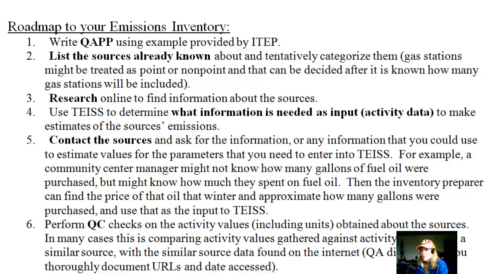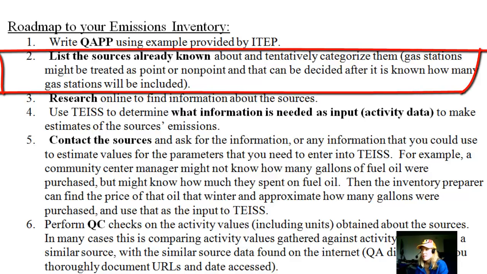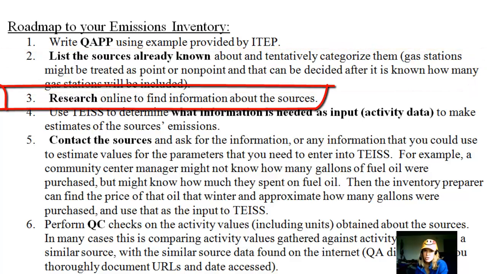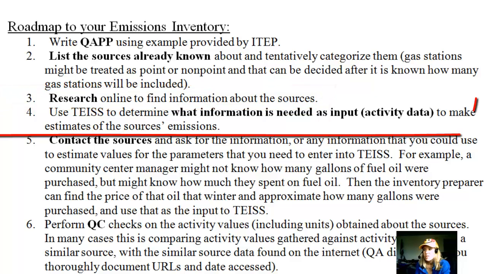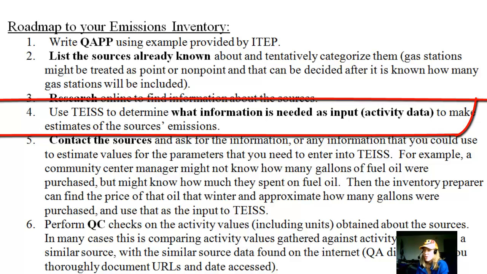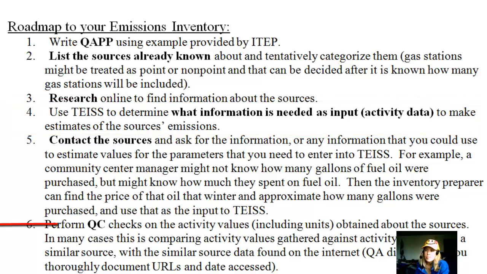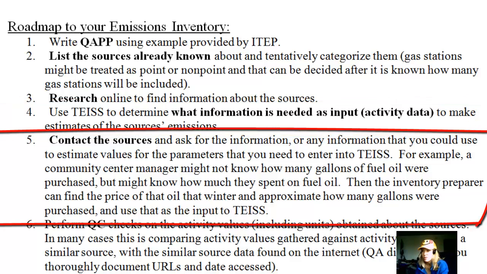Second, list the sources you already know about and tentatively categorize them. Third, do research. Find out about these sources. The next step is to use TICE to figure out what information TICE needs in order to calculate emissions from that source. The next step is contacting the sources, and we'll talk to you a lot about that.